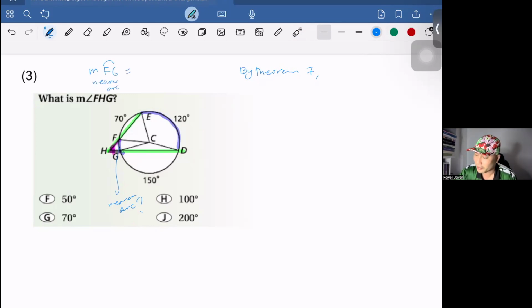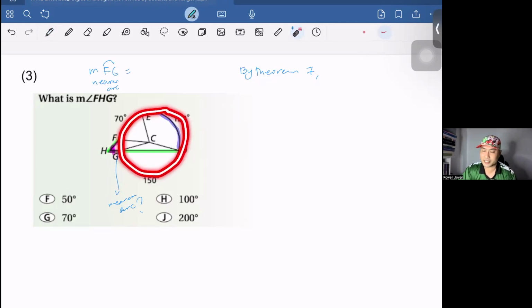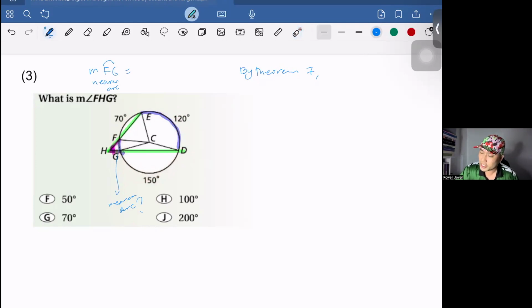How do you get the measure of FG? Because one circle is equivalent to 360 degrees, and this is given: arc FE 70, arc ED 120, arc GD 150. So to get the missing arc here, you just have to subtract that from 360. So 360 minus the sum of 70 plus 120 plus 150.